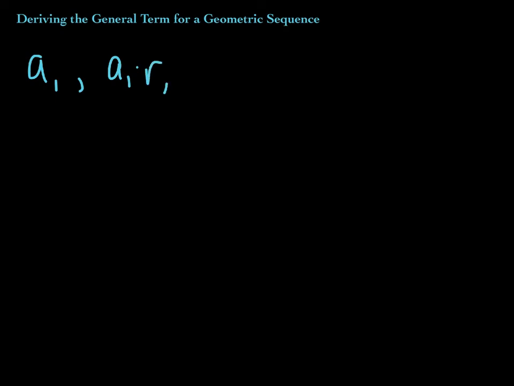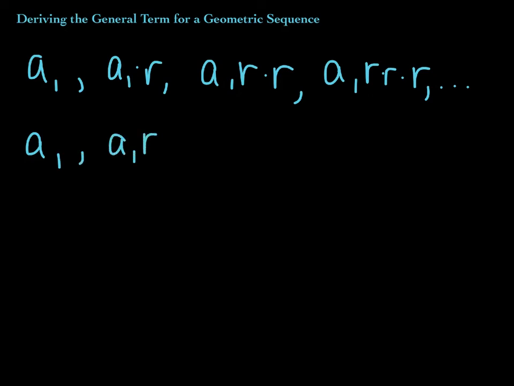The next term will be found by taking the preceding term and multiplying by r again. The fourth term will be found by taking the preceding term and multiplying by r again, and etc. So the geometric sequence will look like this: a sub 1, comma, a sub 1 times r, comma, a sub 1 r squared, comma, a sub 1 r cubed, comma, etc.